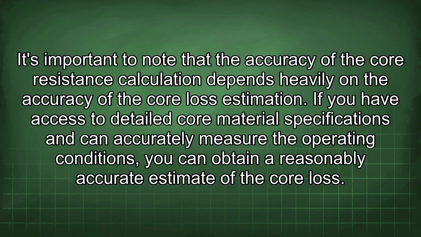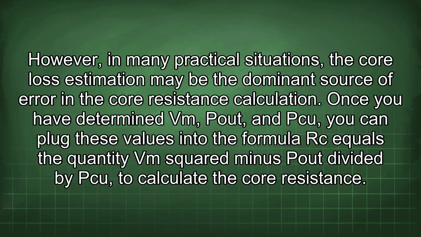It's important to note that the accuracy of the core resistance calculation depends heavily on the accuracy of the core loss estimation. If you have access to detailed core material specifications and can accurately measure the operating conditions, you can obtain a reasonably accurate estimate of the core loss. However, in many practical situations, the core loss estimation may be the dominant source of error in the core resistance calculation.